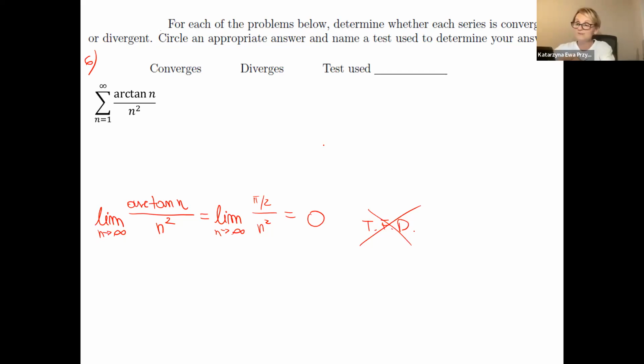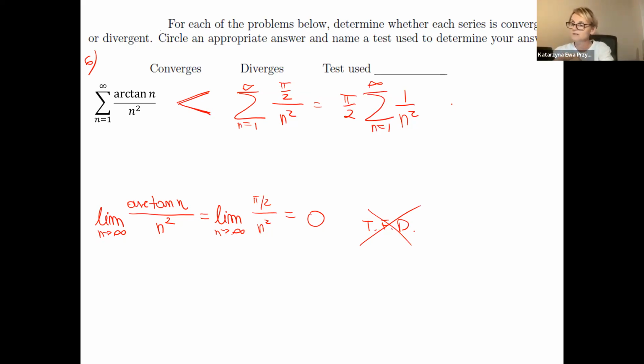Direct comparison, of course, we will use. I can copy this, and instead of arctan of n, I can put pi over 2, and all of the terms are less. Arctangent is less. I didn't change the denominator. And this one, the constant, is fine. I can put it in front. Then we have 1 over n squared multiplied by pi over 2.